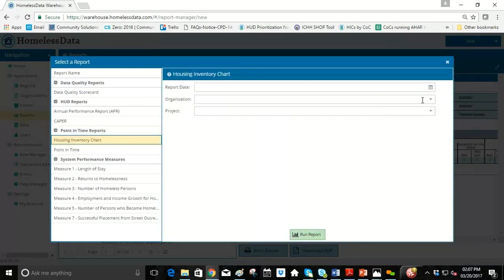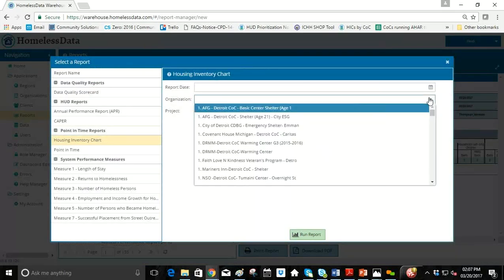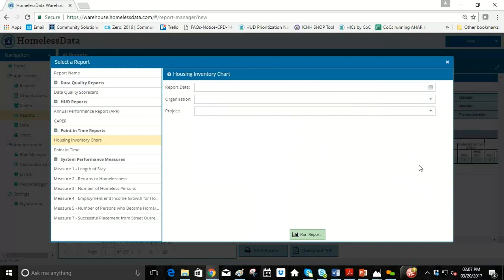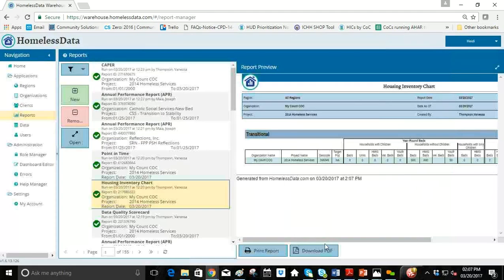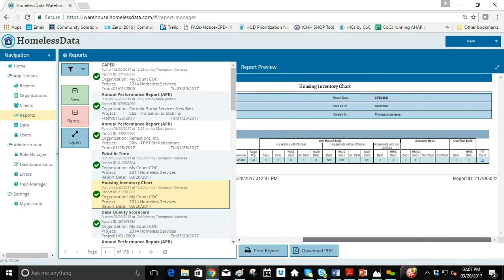Okay. So, otherwise you'll pick your organizations and projects from that drop-down menu. And on the far right, I think it's good to point out that the housing inventory chart does have the number of people that were served on the night of the point-in-time count. So use that as a quick gut check of the data.